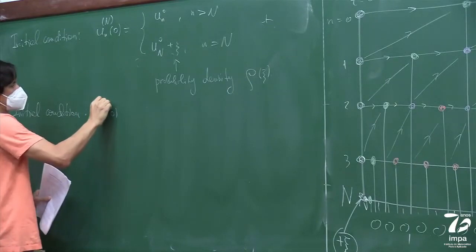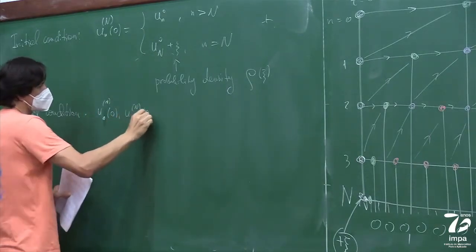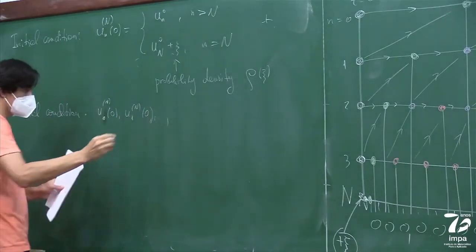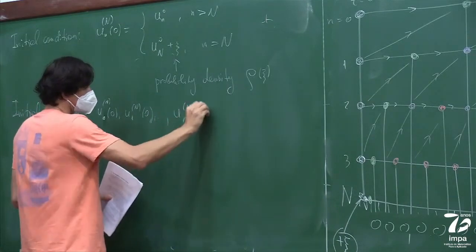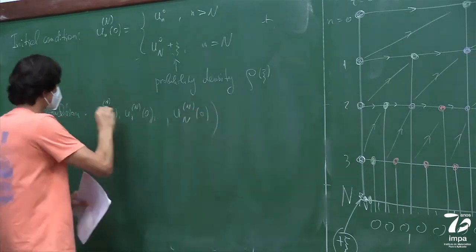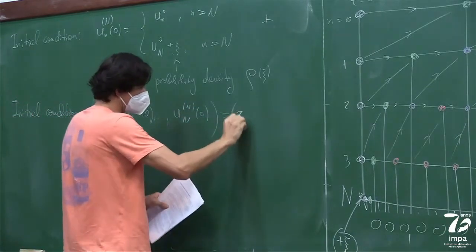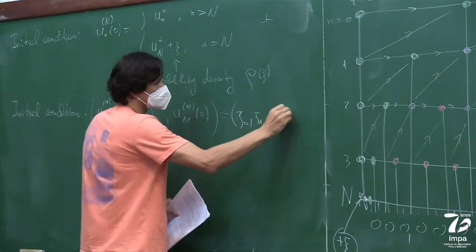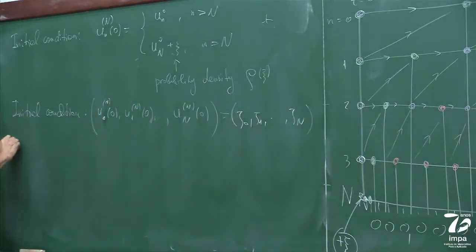Okay. So essentially it means that the initial condition u_0(0), u_1(0), and so on, until N for the regularized problem, we just call it briefly zeta_0, zeta_1, and so on, zeta_N, is a random number, a random vector.